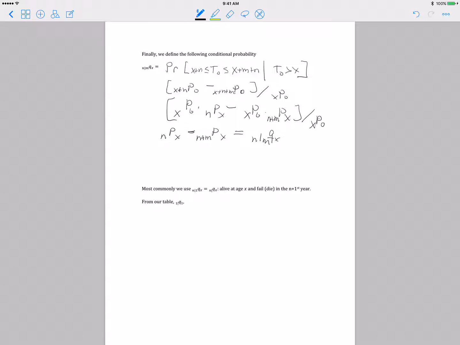We can also use the multiplicative property of probability again on the second term and factor out a pxn, the probability x survives n more years, and then age x plus n survives m more years. That would be how x could live n plus m more years, and factor out a pxn.